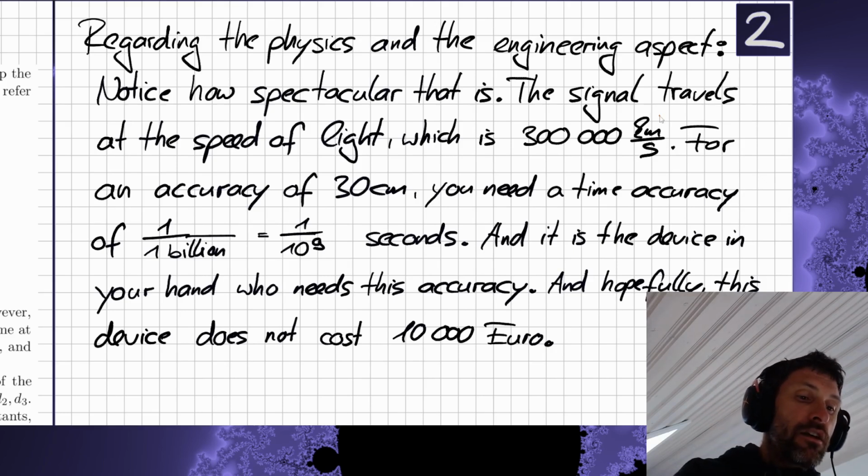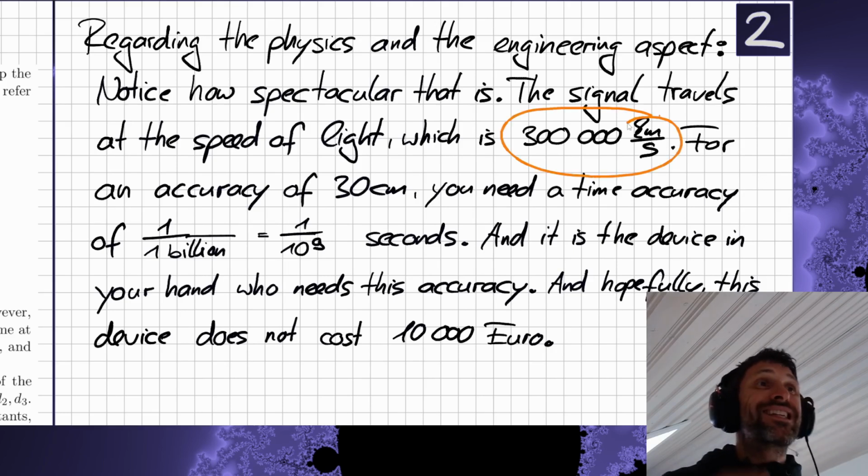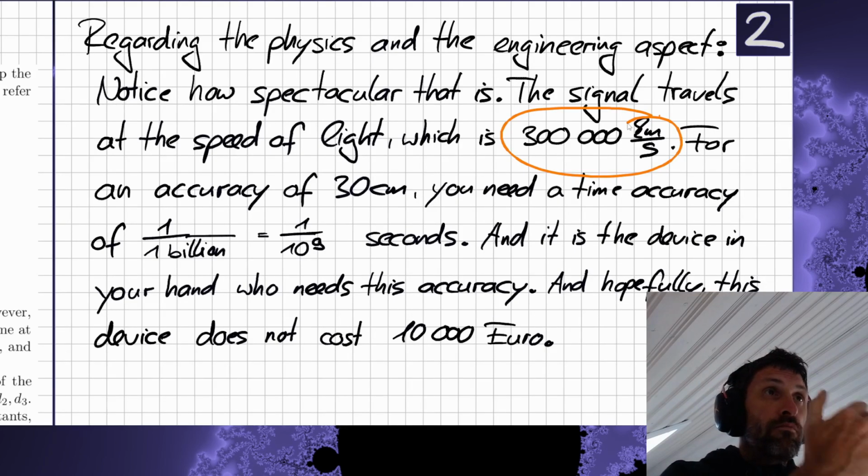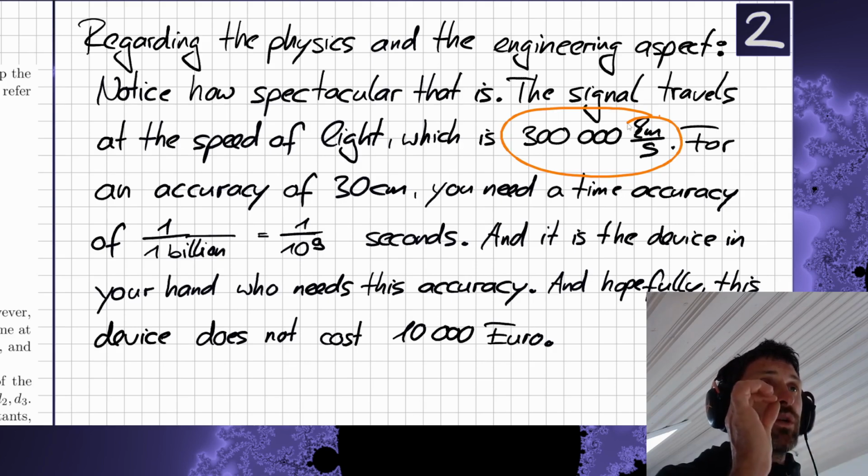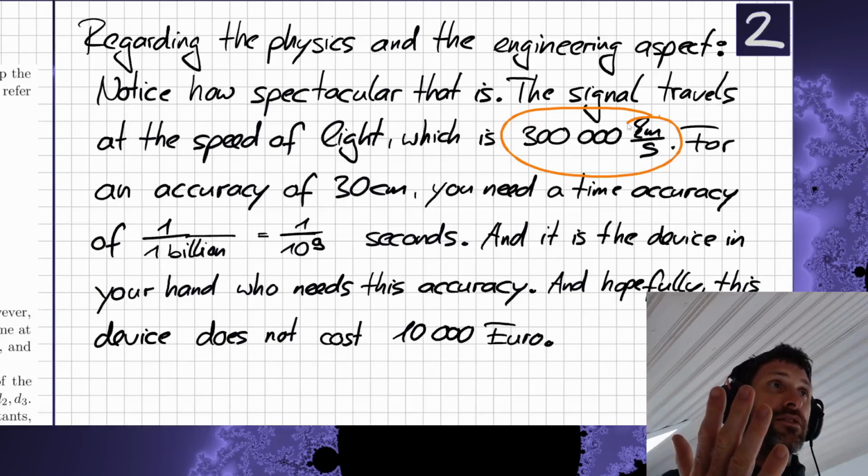Light speed is 300,000 kilometers a second. If you press your stopwatch, this was the point of time when we received the signal, and the accuracy is 1/10 of a second, then the accuracy of finding our position is 30,000 kilometers. It would be a disaster.